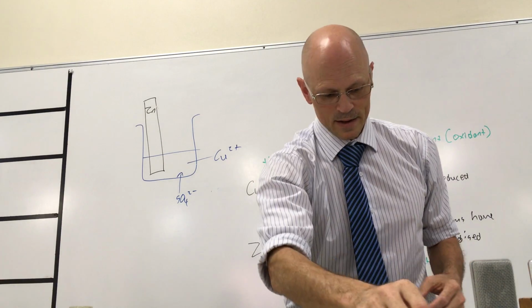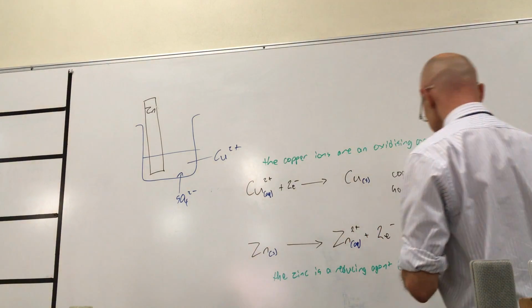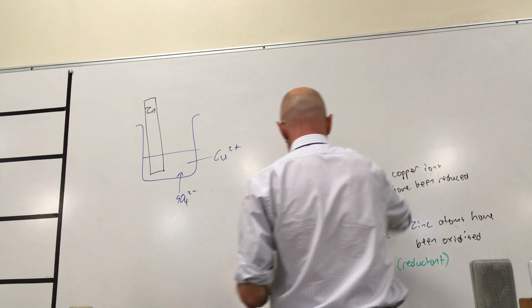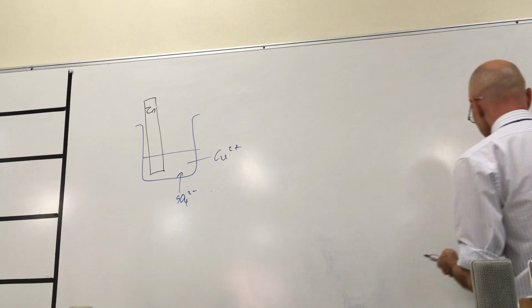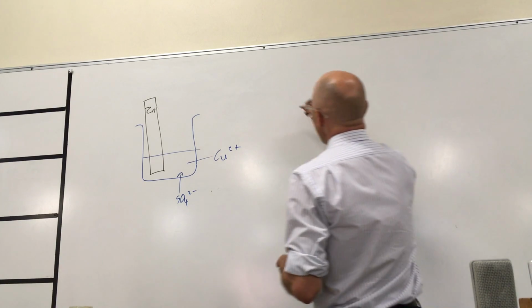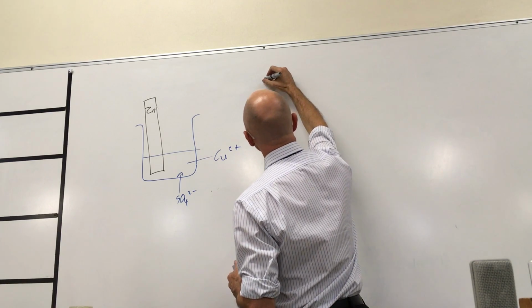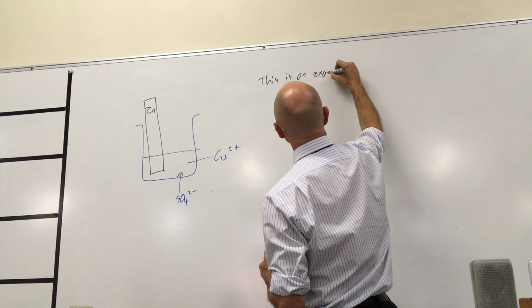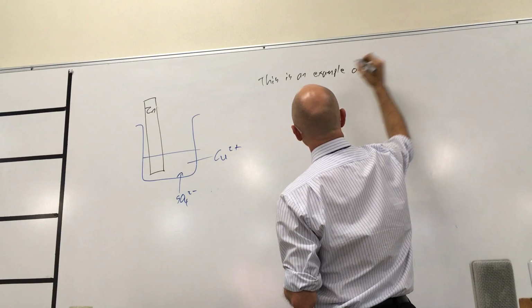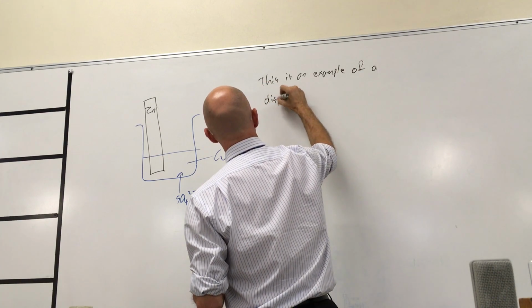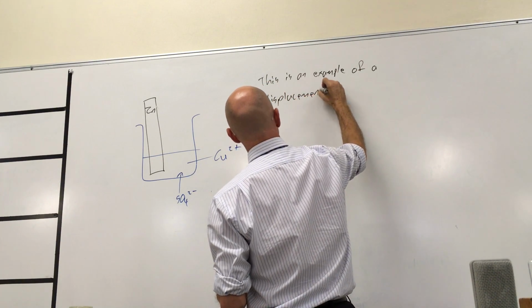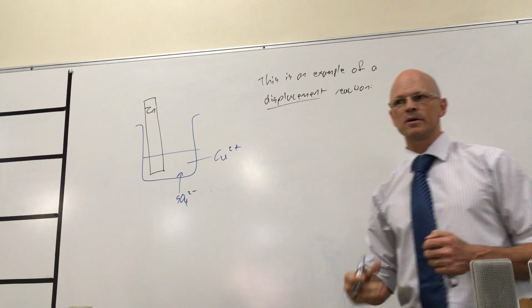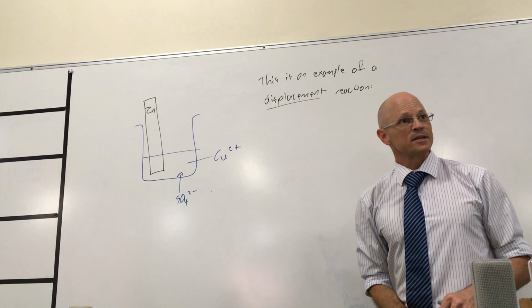Now, let's kill this. This is an example of a displacement reaction. There's a couple of things we can say. This is a redox reaction.